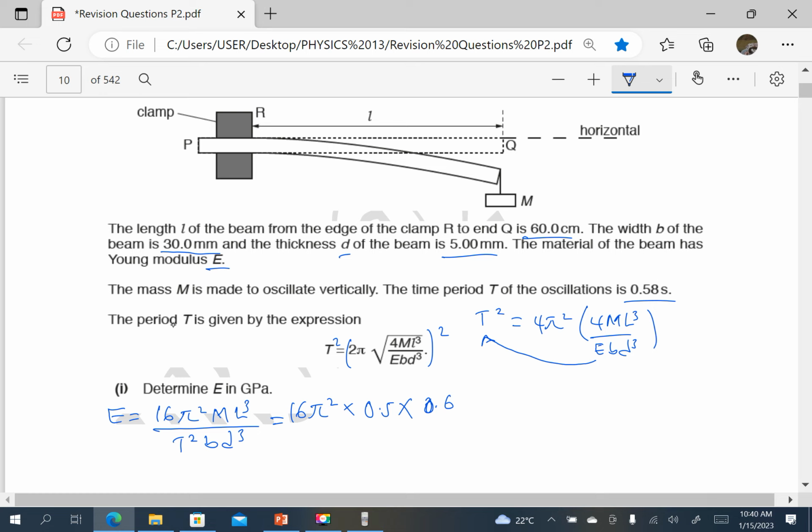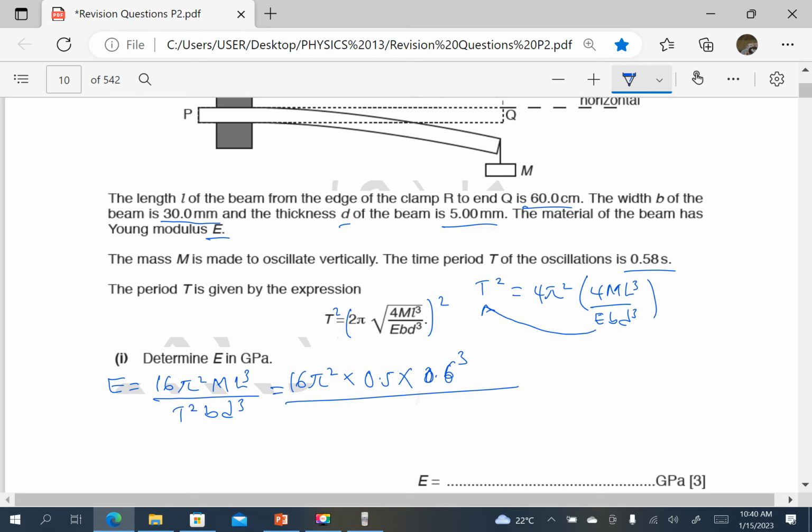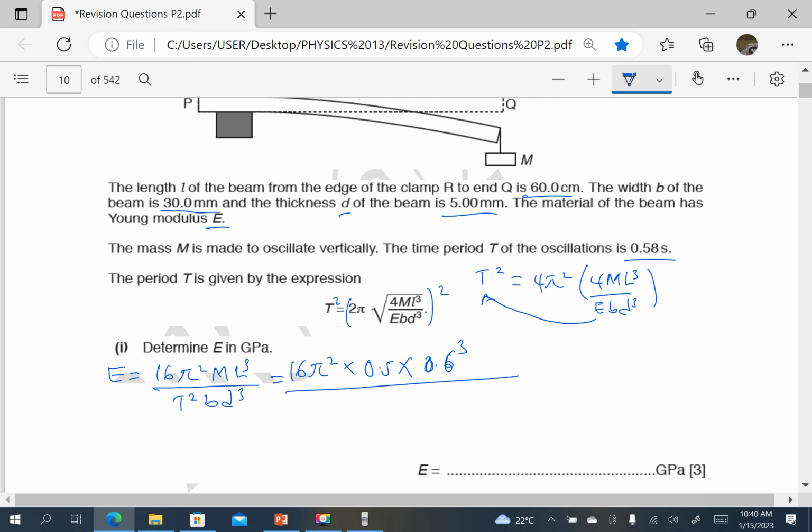So 0.6 cubed divided by, the period T was 0.58, but it is squared, times B. B was 30 millimeters. 30 millimeters is 30 over 1000, which is 0.03.